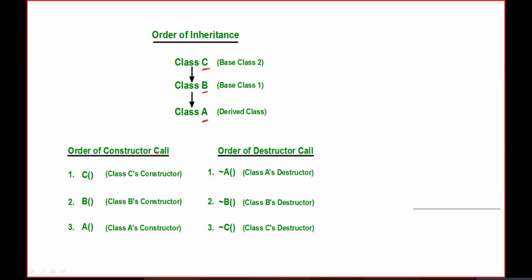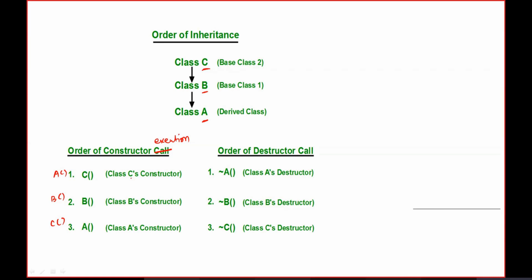Actually, this is not the calling, this is execution. Order of calling will be A, B, then C. But this is the execution, right?